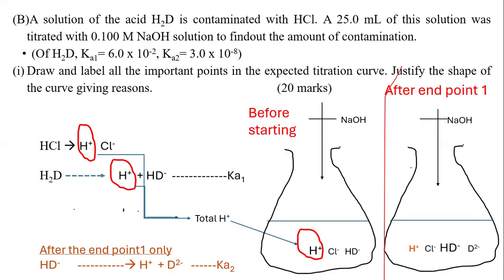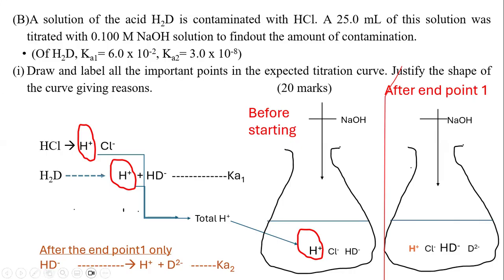Then after that H plus is over, then what will happen? When the reaction is taking place with this H plus and sodium hydroxide, again gradually pH will be increasing, increasing, increasing, because H plus is going to be lower and lower and lower. Then finally, there will be no H plus in the flask and no HD minus.